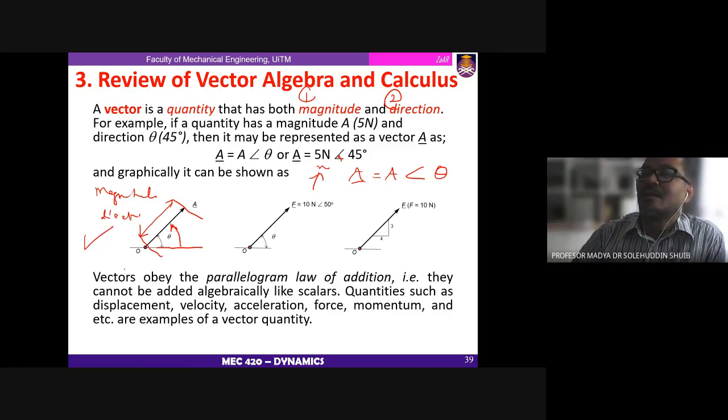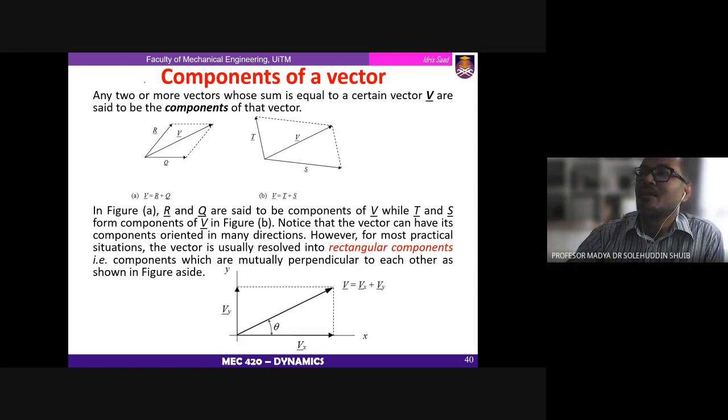Done this one. And then I mentioned here vector obeys parallelogram law of addition. How it obeys? We'll take a look. Look at here. We have vector component, the two component. We have this vector V. So how to go from here to here? From 0 to here. So it will go this way. Q plus R, right?